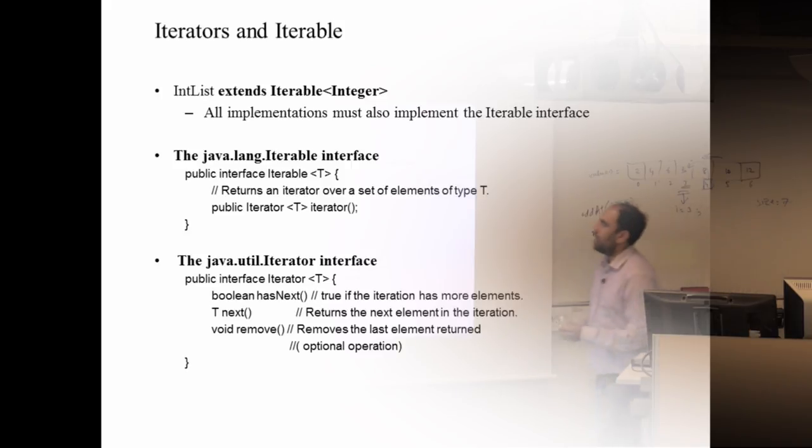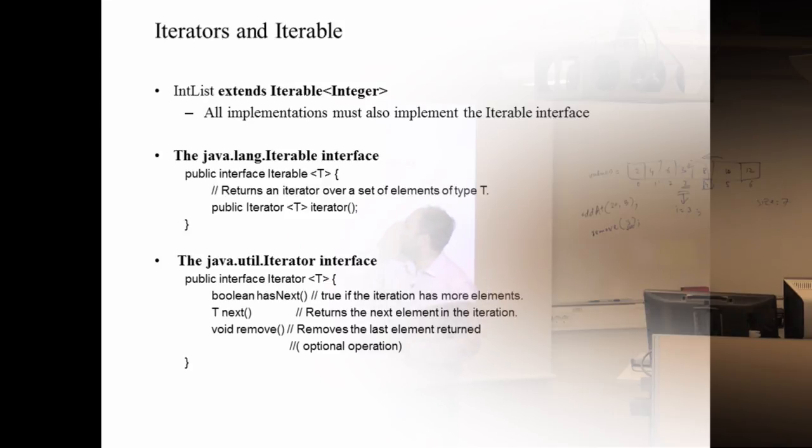And Java provides us with this Iterable interface. As the name indicates, if a class or a data structure implements Iterable, it means that it can be visited or iterated using the Iterator interface.